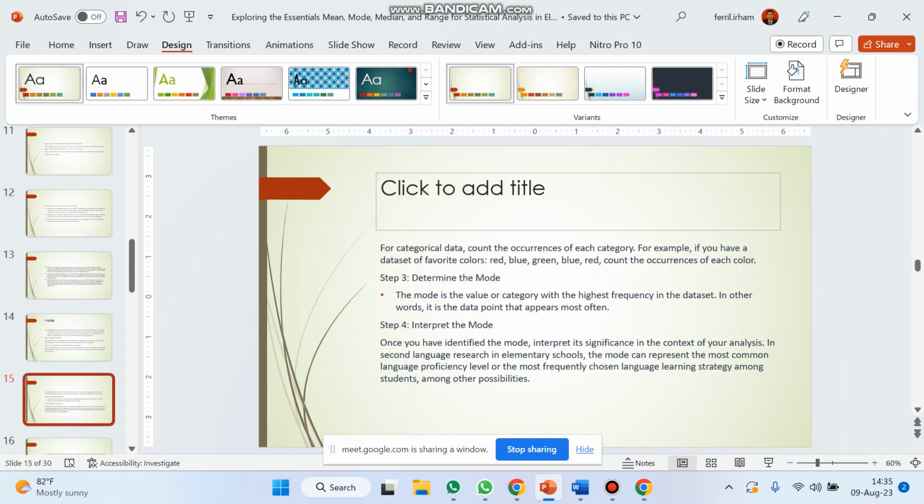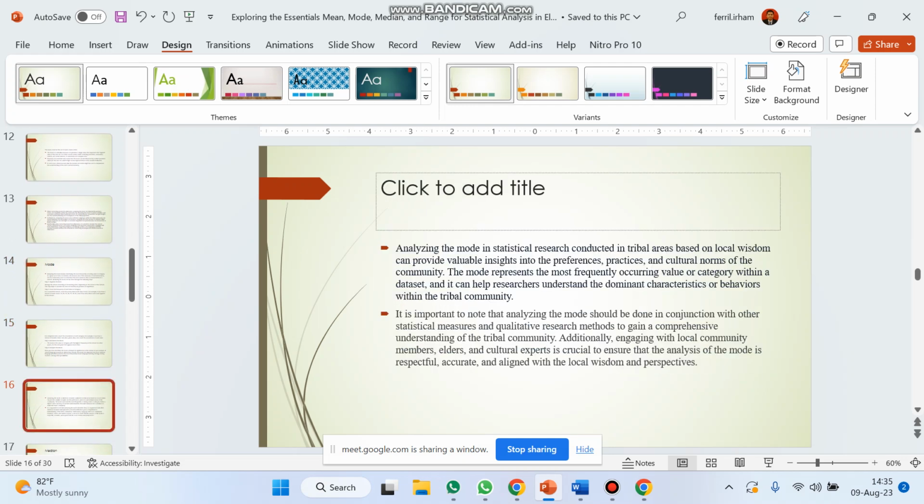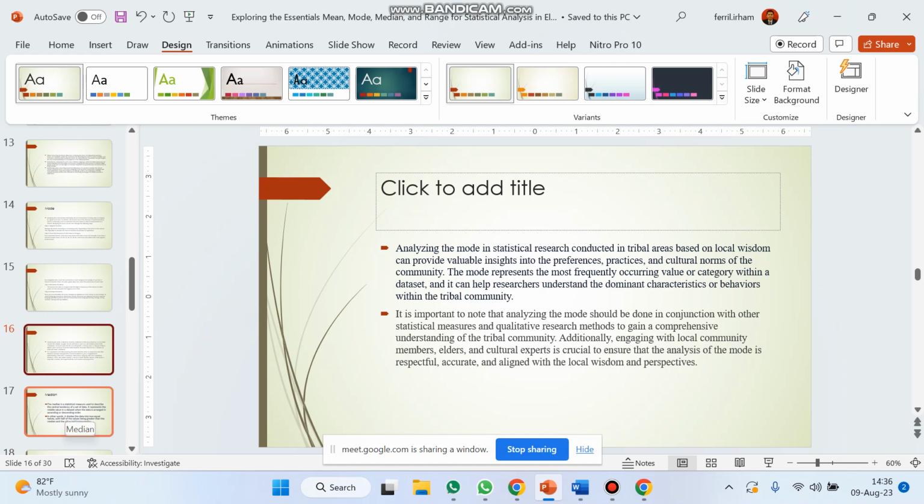Then determine the mode and interpret the mode. Analyzing the mode in research on tribal areas, it should be based on local wisdom, and should provide valuable insight into preferences, practices, and cultural norms of the community.